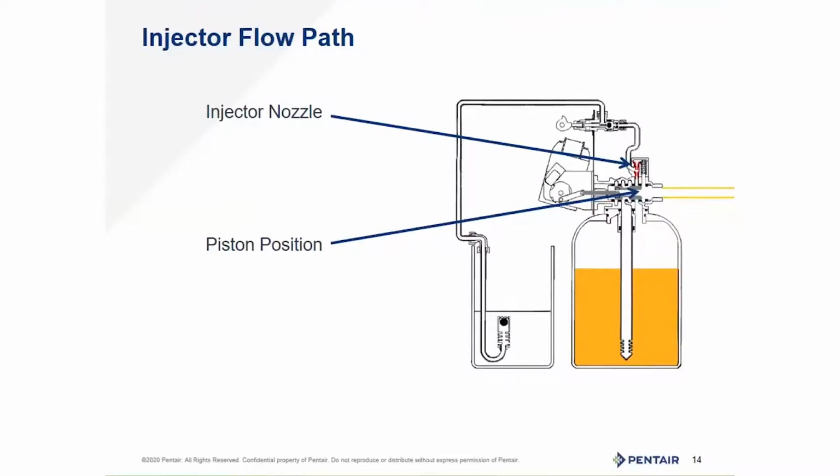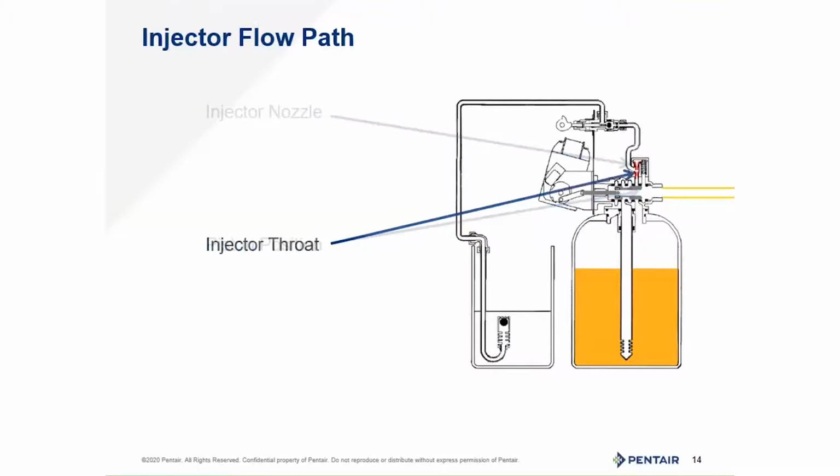So the injector flow path, what's going on inside the valve when this happens? Well, the main piston position moves to a place where we're going to force water up through a screen to remove any bulk particulate, so you don't want to clog our injectors. And then the water is going to come down through an injector into the tank.